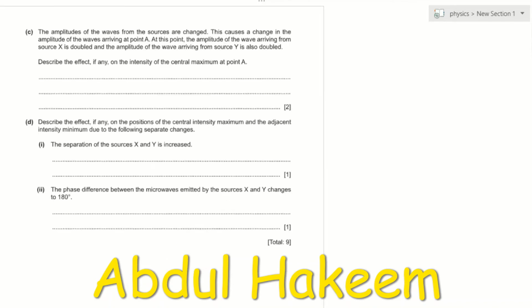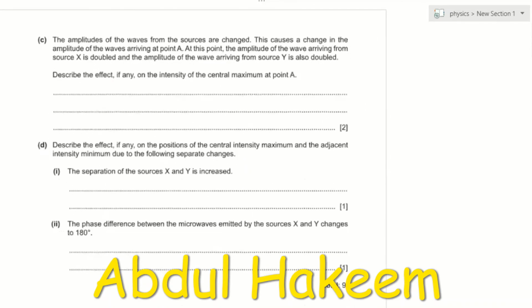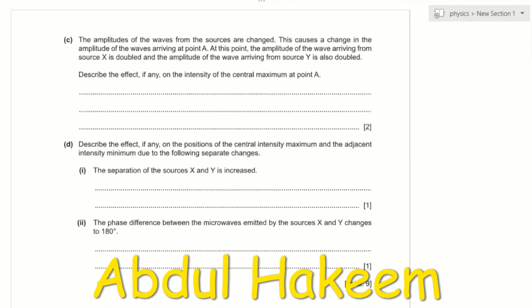The next, the amplitude of the wave from the sources are changed. This causes the change in the amplitude of the wave arriving at the point A. At this point, the amplitude of the wave arriving from the source X is doubled, and the amplitude of the wave arriving from the source Y is also doubled. Describe the effect, if any, on the intensity of the central maxima.